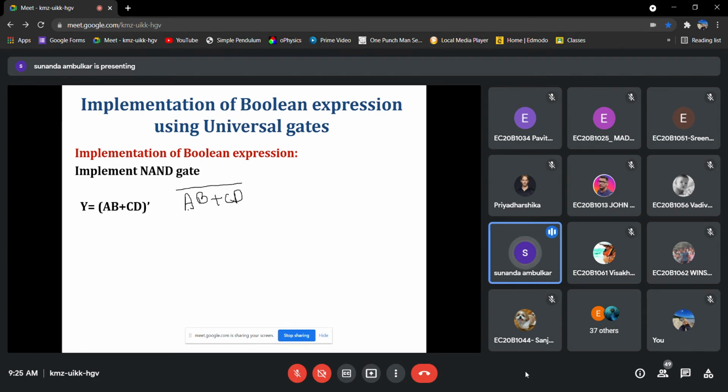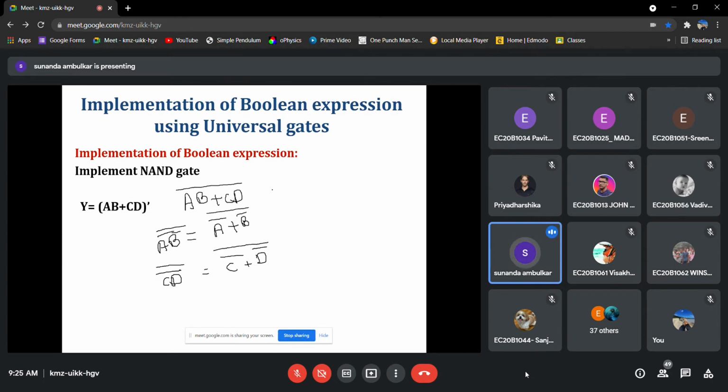Here we have to apply the theorem individually. AB whole bar will be A bar plus B bar whole bar, and CD is C bar plus D bar.